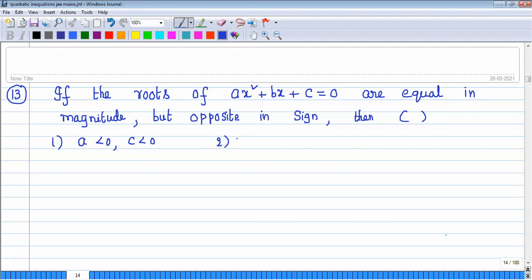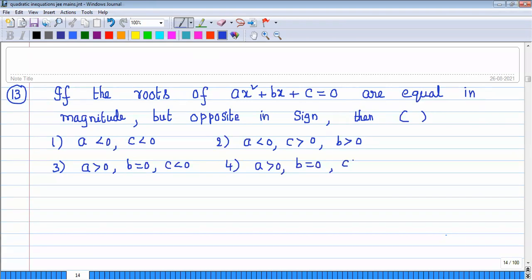Second, A less than 0, C greater than 0, and B greater than 0. Third, A greater than 0, B is equal to 0, C less than 0. Fourth, A greater than 0, B is equal to 0, C greater than 0. So which is correct?